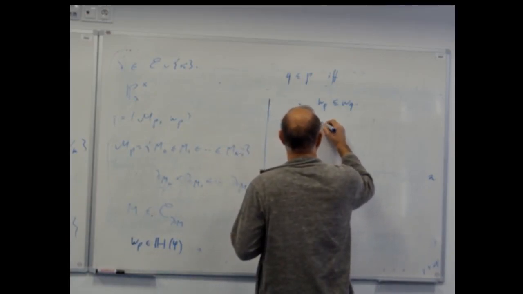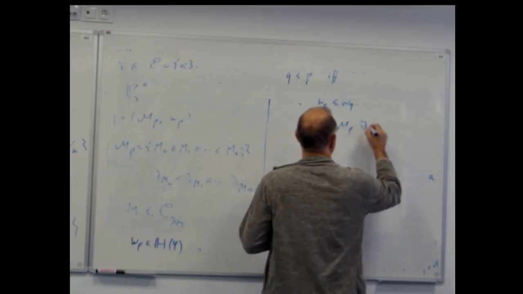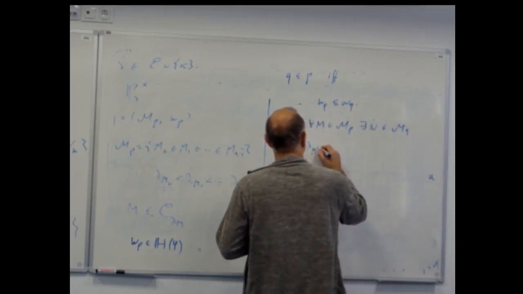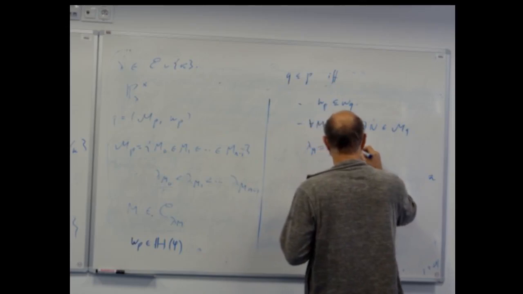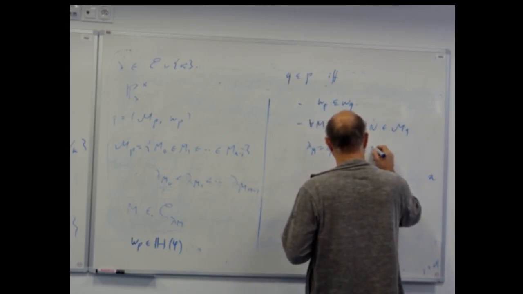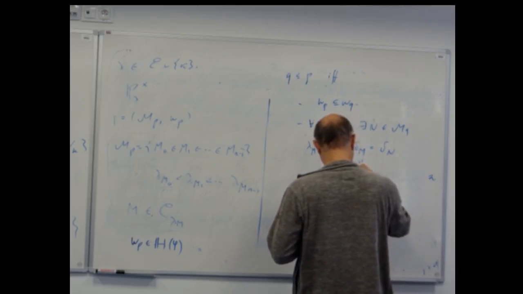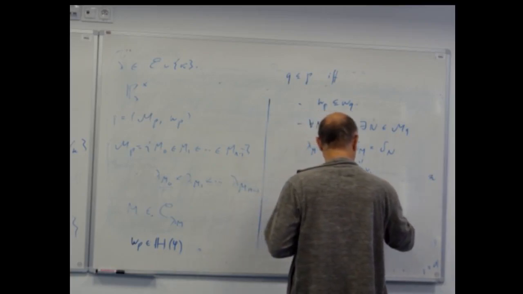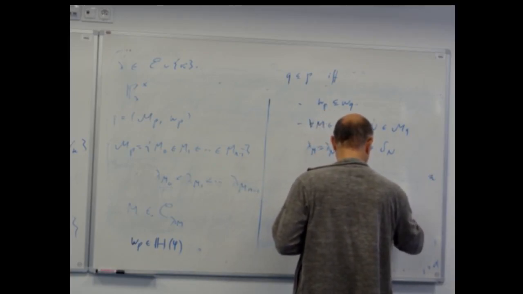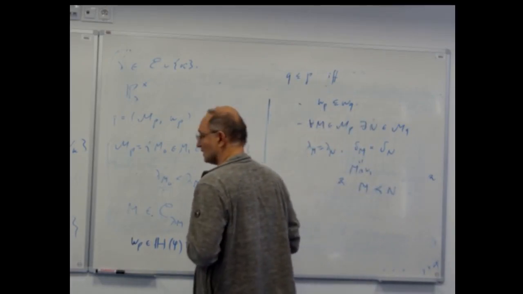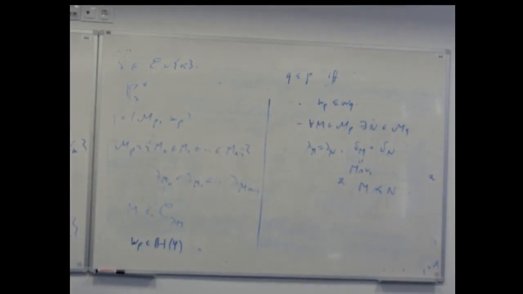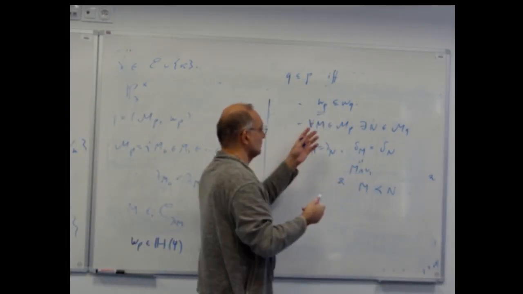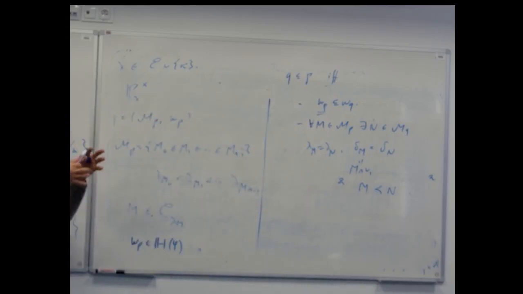So for every N in N_P, there is an N in N_Q such that lambda N is equal to lambda N, delta N is equal to delta N, where this is N intersection omega 1, and N is an elementary submodel of N. So you extend the finite partial assignment, and every model may not survive, but some extension of it does.